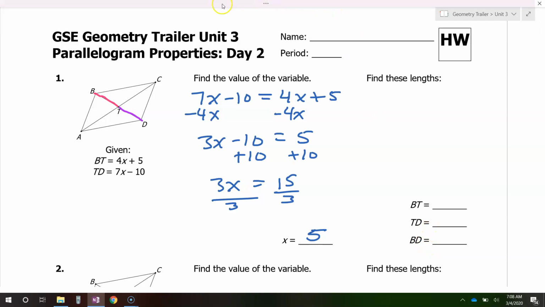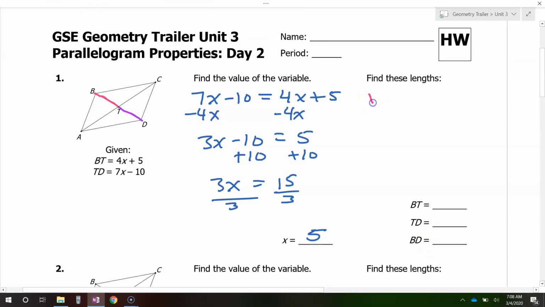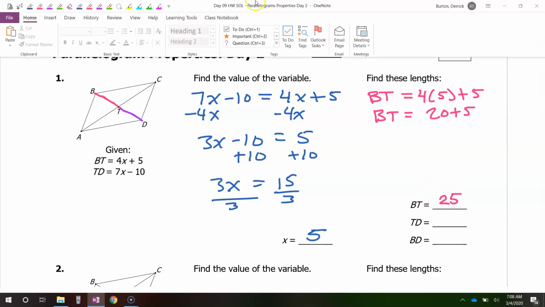So if I want to find BT, for example, the length of segment BT, well, that is 4x plus 5. So that's going to be 4 times 5 plus 5. So that'll be 20 plus 5. So BT is 25.